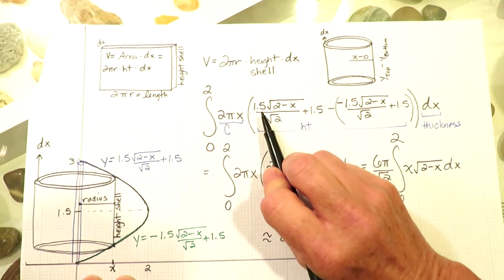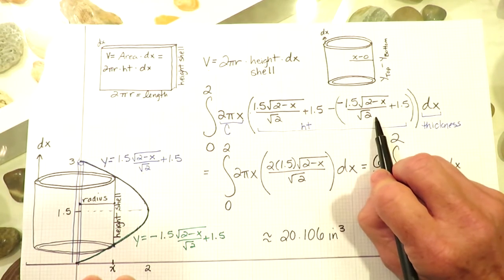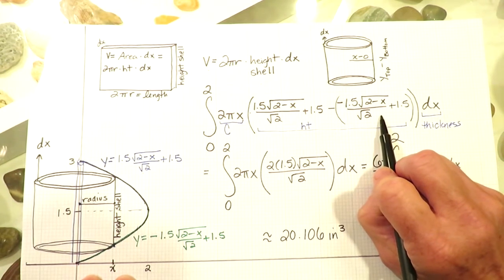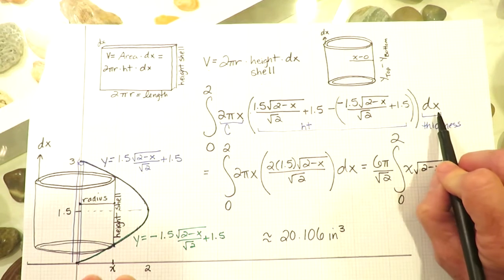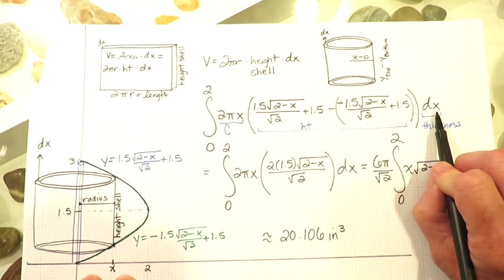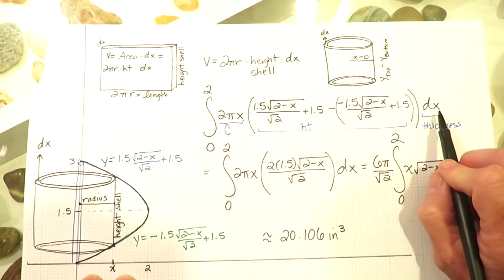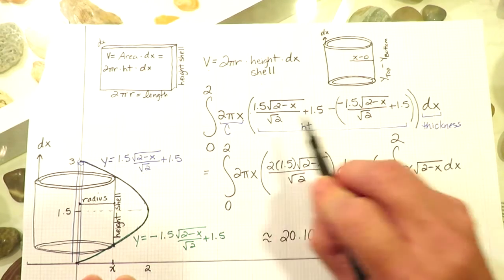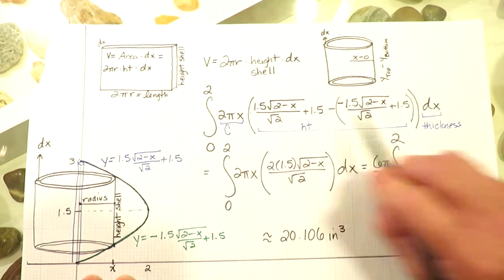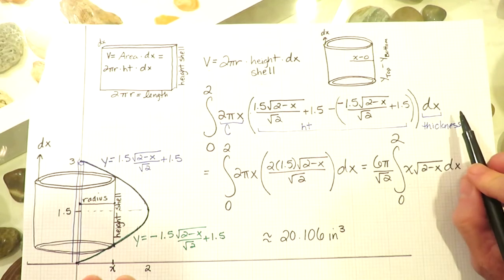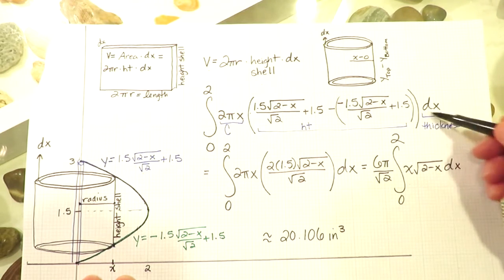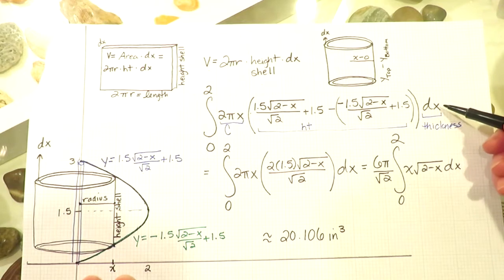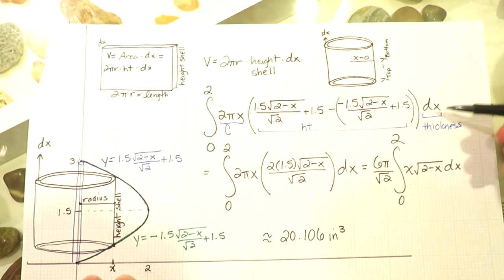So I'm taking the upper y function and subtracting the lower y function. And then the height of the box is the thickness of the shell, and that's represented by dx. Every single thing means something. You don't write anything down that doesn't mean anything. So this dx kind of just seems like added-on notation. It's not. It's actually representing part of my shape.